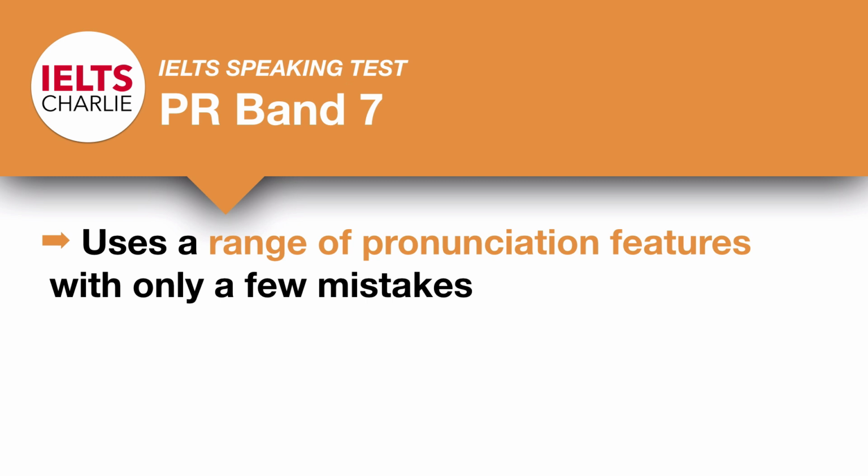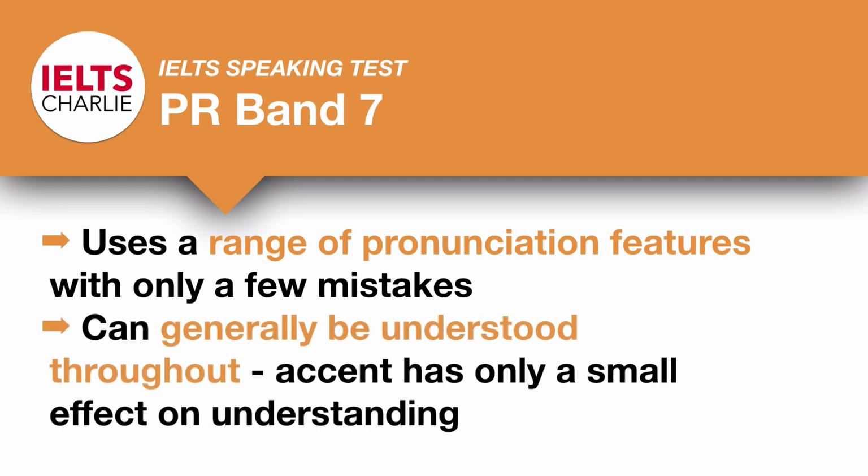Went to, instead of went to. That's a pronunciation feature. So do you connect words together? Do you stress words correctly? So it's about how natural you sound when you speak. And also you can generally be understood throughout. Accent has only a small effect on understanding. So that's to get a band 7.